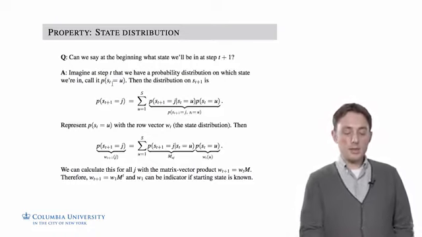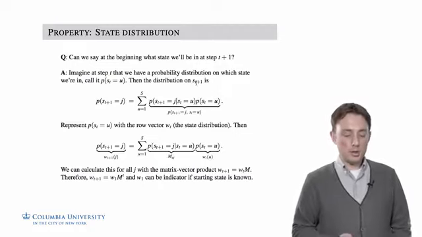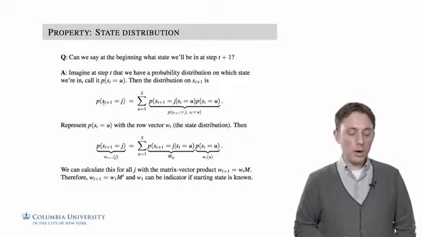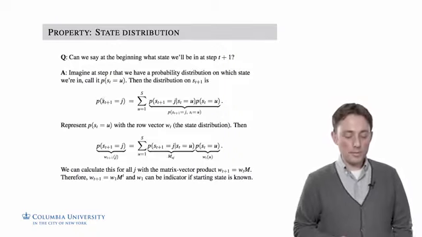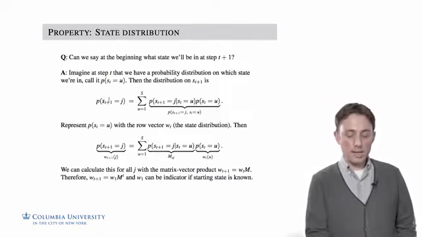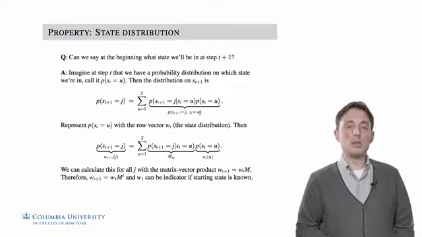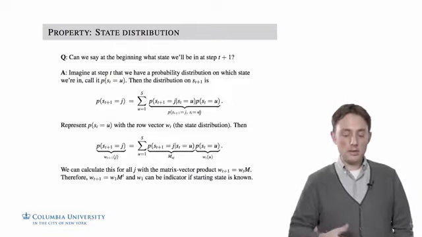In that case, for the distribution on where I am at t plus 1, if we want to find the probability that I'm in state j at time t plus 1, I simply write that as a marginal of a joint probability of being in state u at time t and being in state j at time t plus 1, and now sum over all values for u to sum out this state variable at time t.